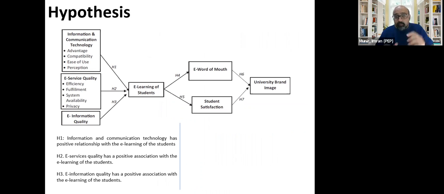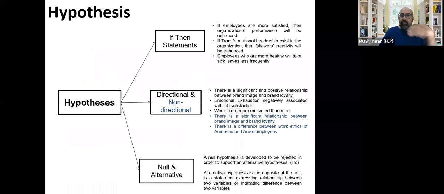So hypothesis: information and communication technology has a positive relationship with the e-learning of students, right? Similarly e-service quality. If information technology has a positive association with e-learning, that means we are talking about a directional hypothesis, right?